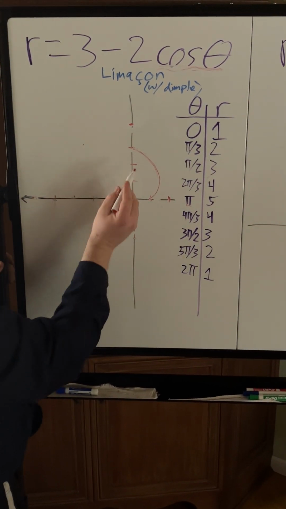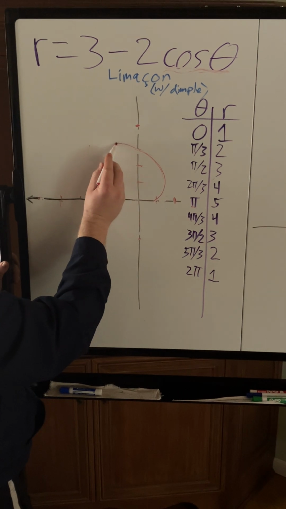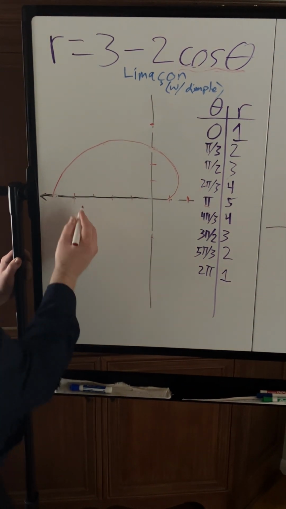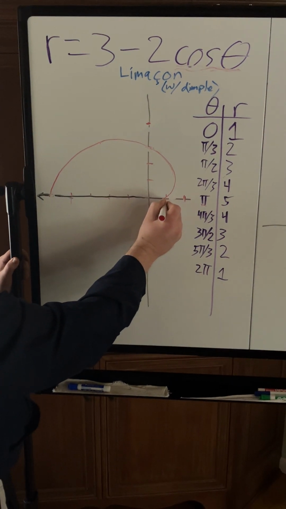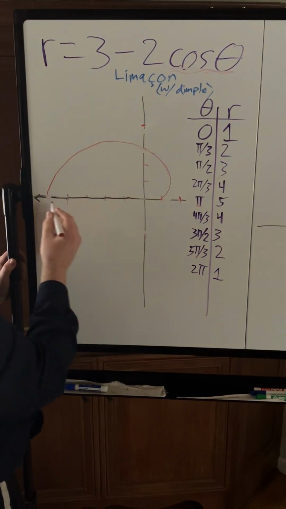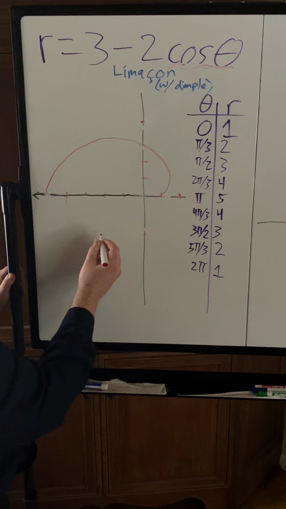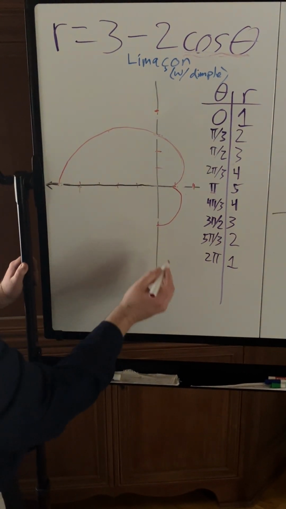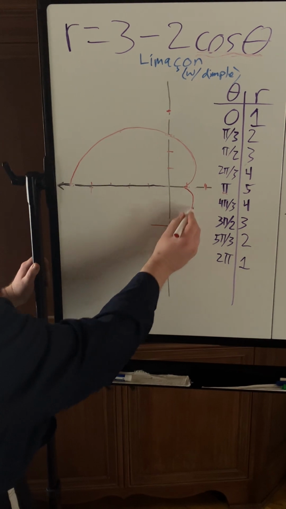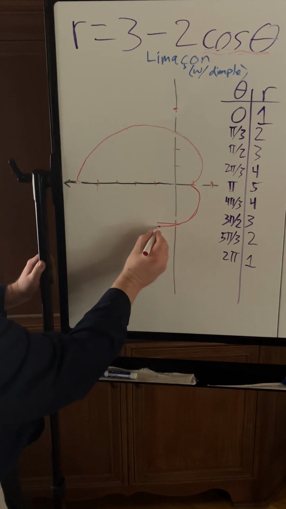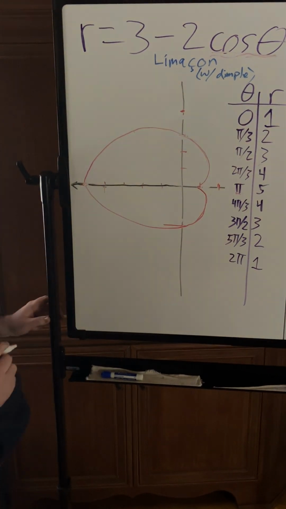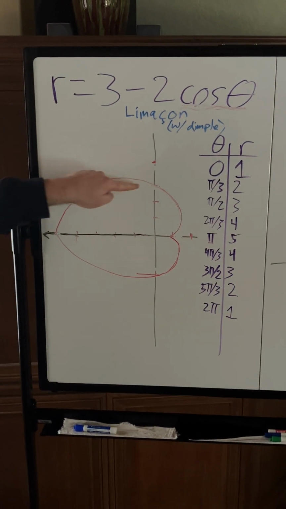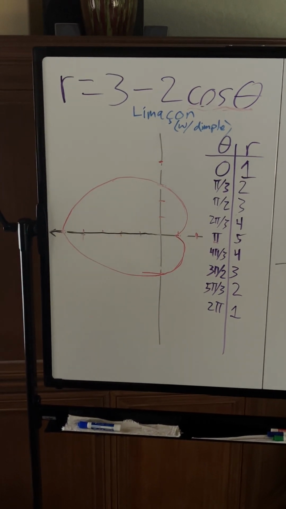So that's maybe there-ish. And then, like most of these graphs do, we end up seeing a symmetrical thing on this side. So that's going to be like that, sort of like this, out to here. And this gets called a limaçon with a dimple. It's got kind of this dimple in it.